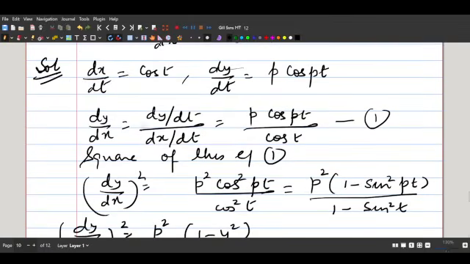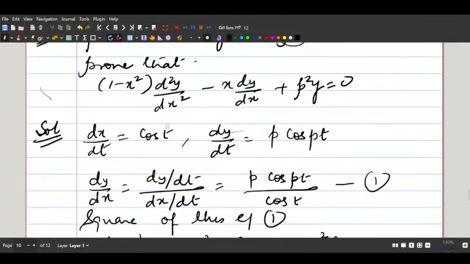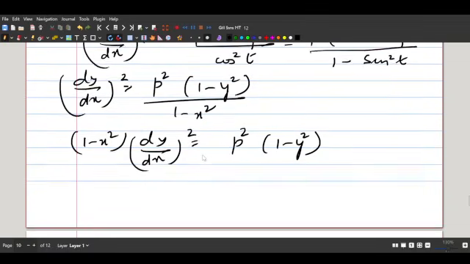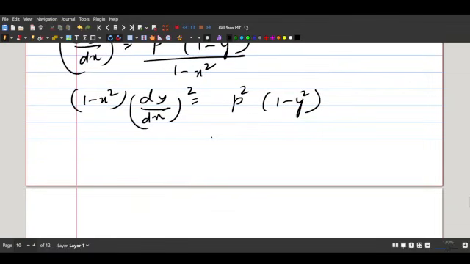Now to come to the result we have to show, we need d square y upon dx square. For that, we are going to differentiate with respect to x. If I take the derivative, I know that I have to use the product rule. First of all, the derivative of the first factor will give you minus 2x, and the second term I'll keep as it is.